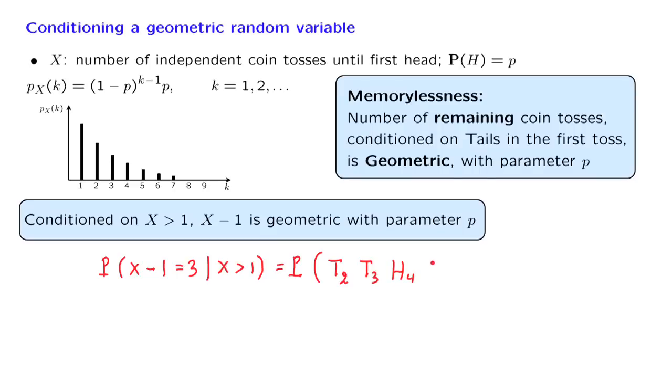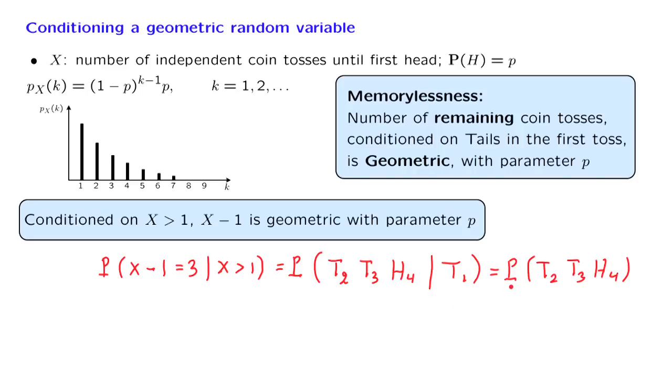And all that is conditioned on the first toss having resulted in tails. However, the different coin tosses are independent. So the conditional probabilities, given the event that the first toss was tails, should be the same as the unconditional probabilities. The first toss does not change our beliefs about the probabilities associated with the remaining tosses.